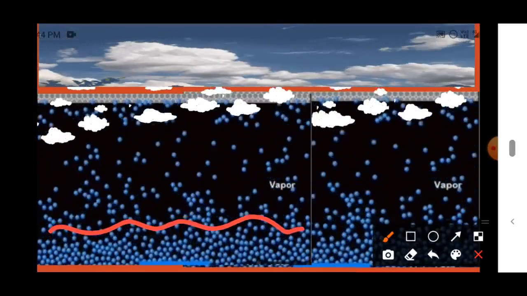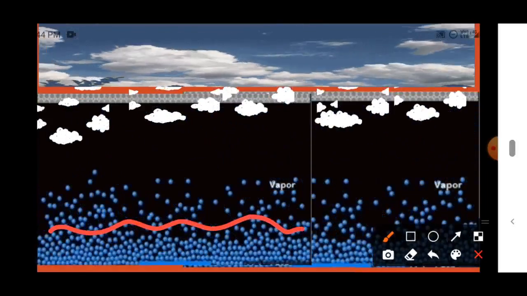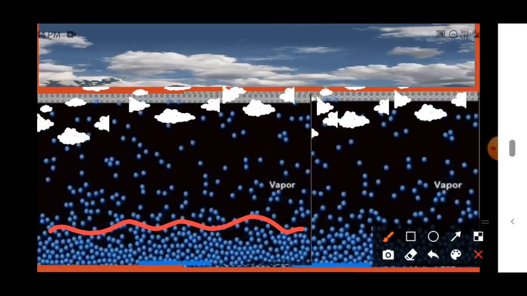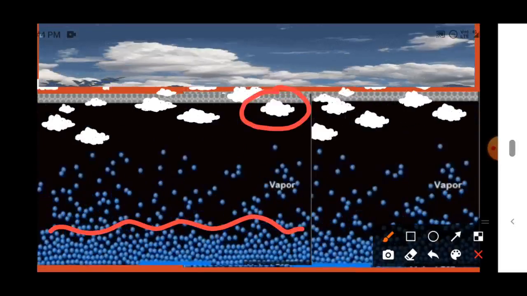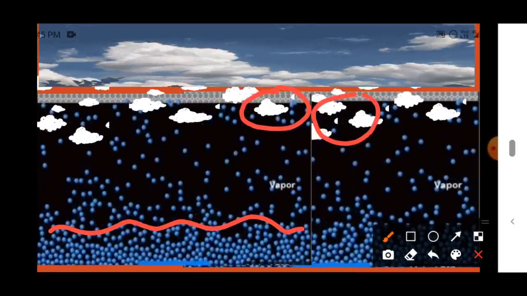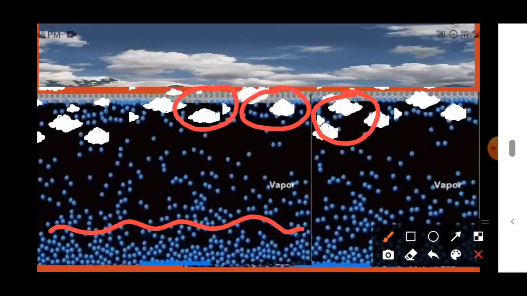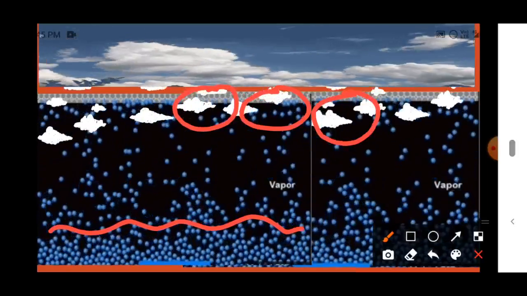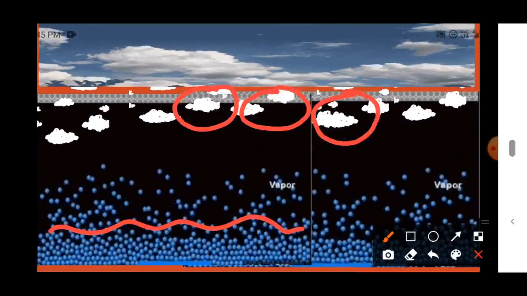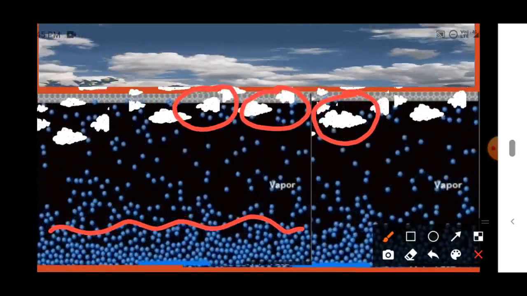So the condensation process happens. By the condensation process, the vapor is converted into tiny droplets. These droplets float in the air. They appear as clouds.